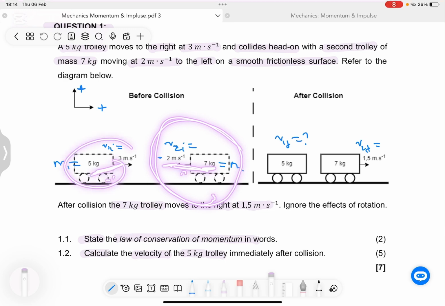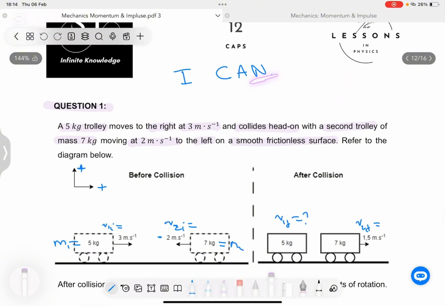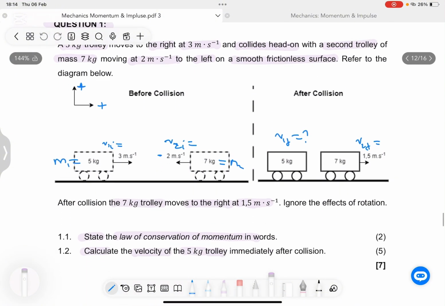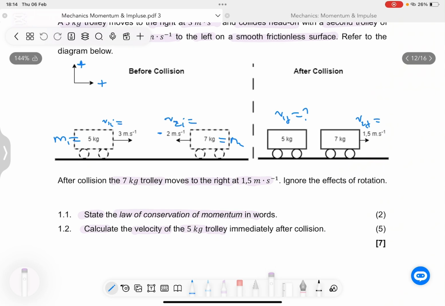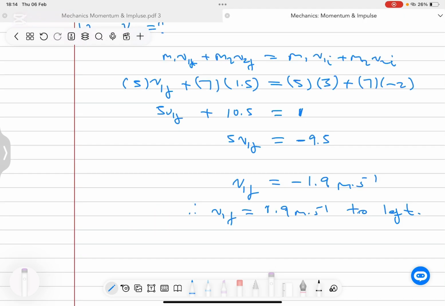So these two initial momenta are nearly the same, so it's possible that when they collide, this object can rebound and go to the opposite direction. It's something that is feasible, it makes sense. Now I'm done with navigation. I'm pretty much confident that my answer makes sense and it could be correct. So at that level, you are guaranteed to get the 5 marks.